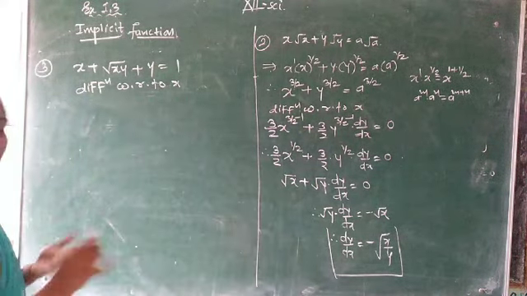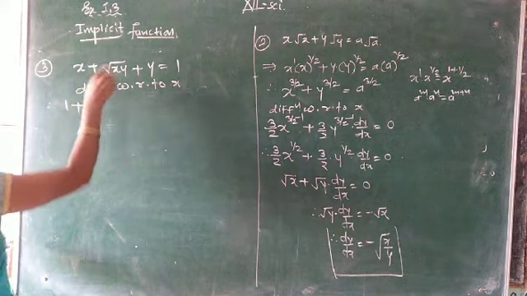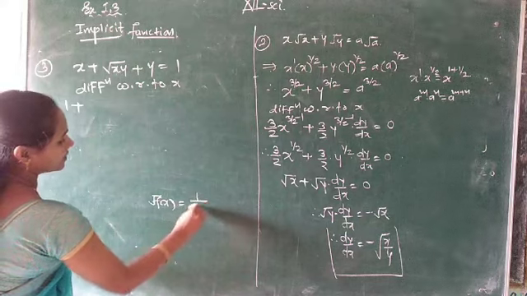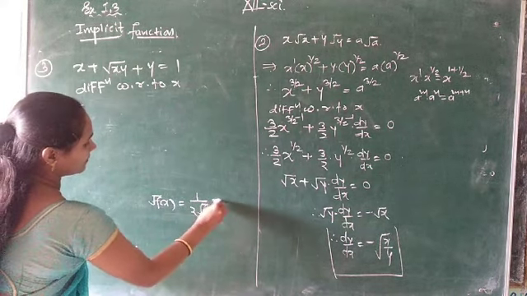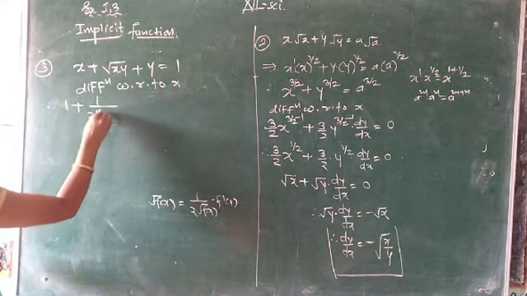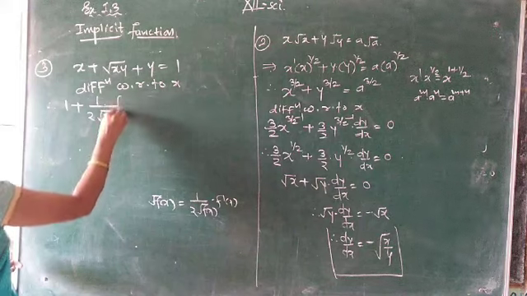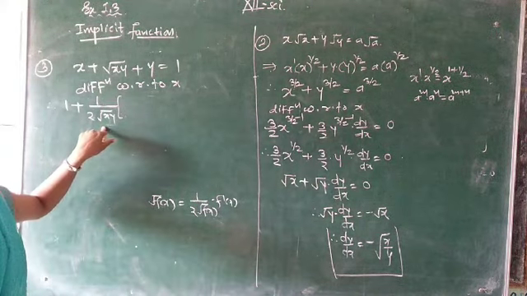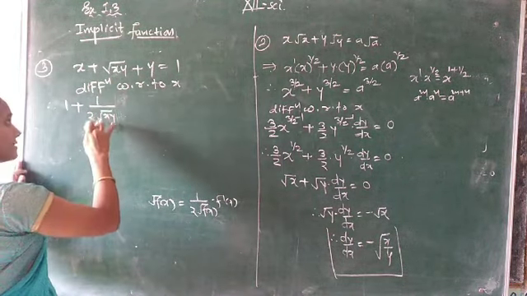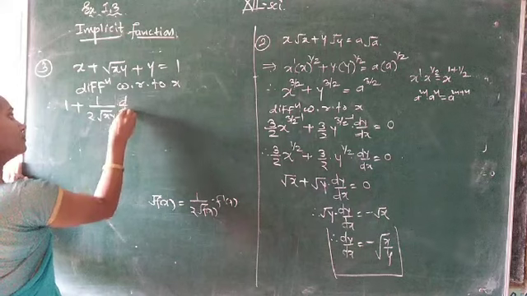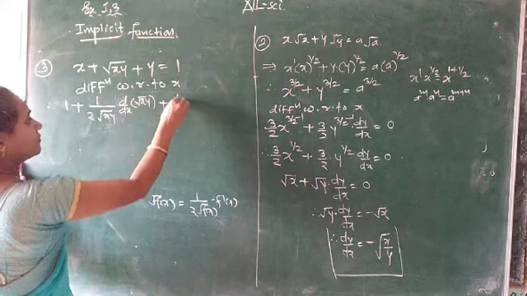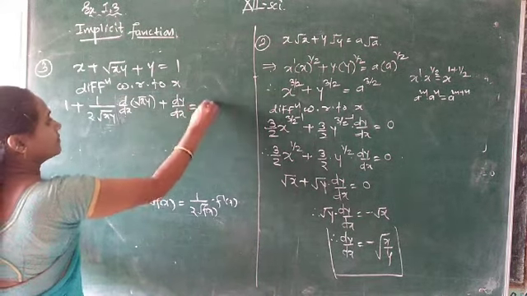Tell me, the derivative of x is 1, plus what is the derivative of root xy, which is in the form of root f of x? So what is the derivative of this? 1 upon 2 root f into the derivative of f dash. So here I am taking the derivative of root xy as 1 upon 2 root xy into, multiply by the derivative of xy, plus the derivative of y, dy upon dx, is equal to 0.